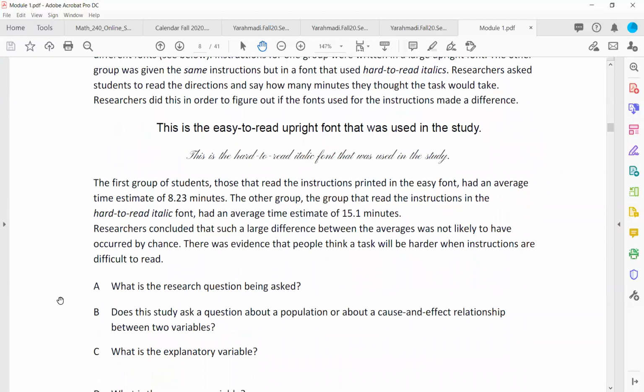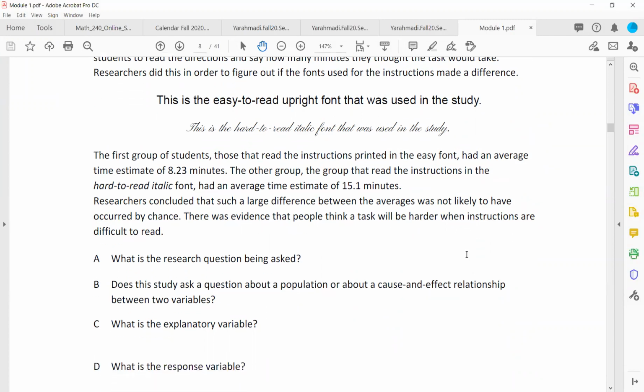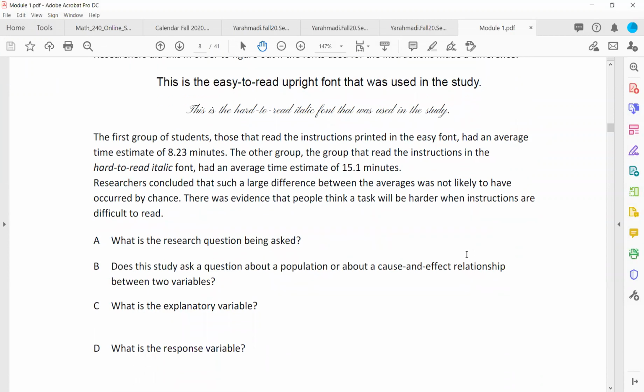Very well. Researchers concluded that such a large difference between the averages was not likely to have occurred by chance. There was evidence that people think a task will be harder when instructions are difficult to read. Very well. Part A. What is the research question being asked?